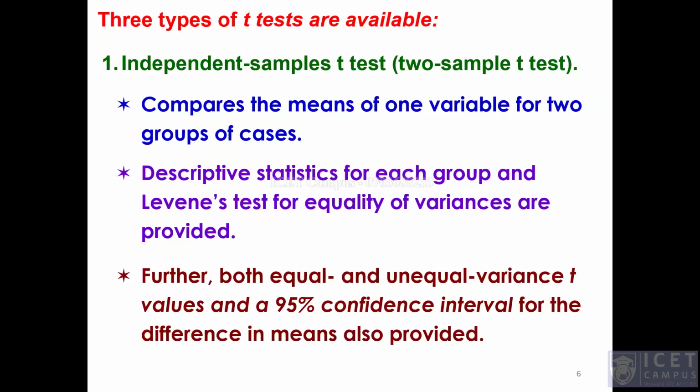You need to identify which test is suitable for which analysis, right? If there are two independent groups and we need to compare whether there is a mean difference, the test is the independent two sample t-test. Remember it, right? To compare two groups, we have to use the independent sample t-test.